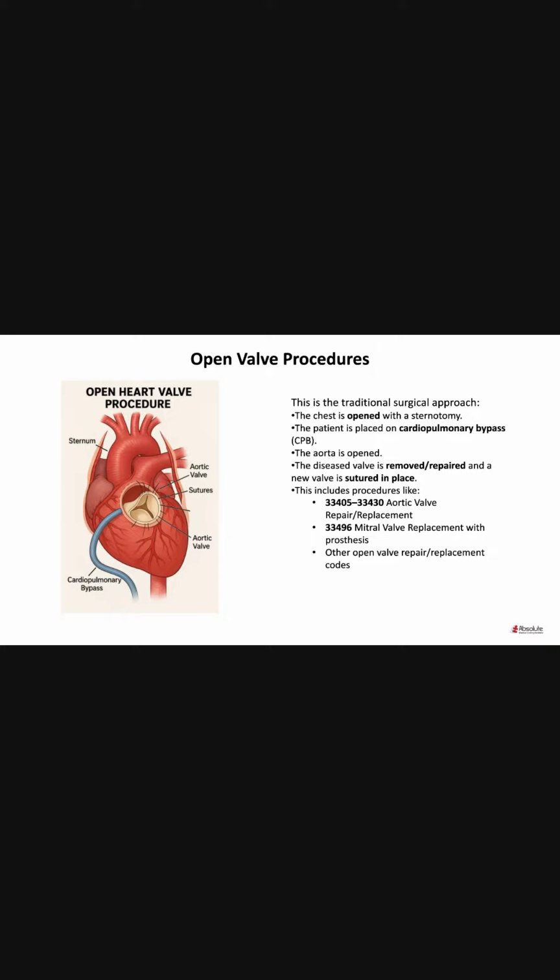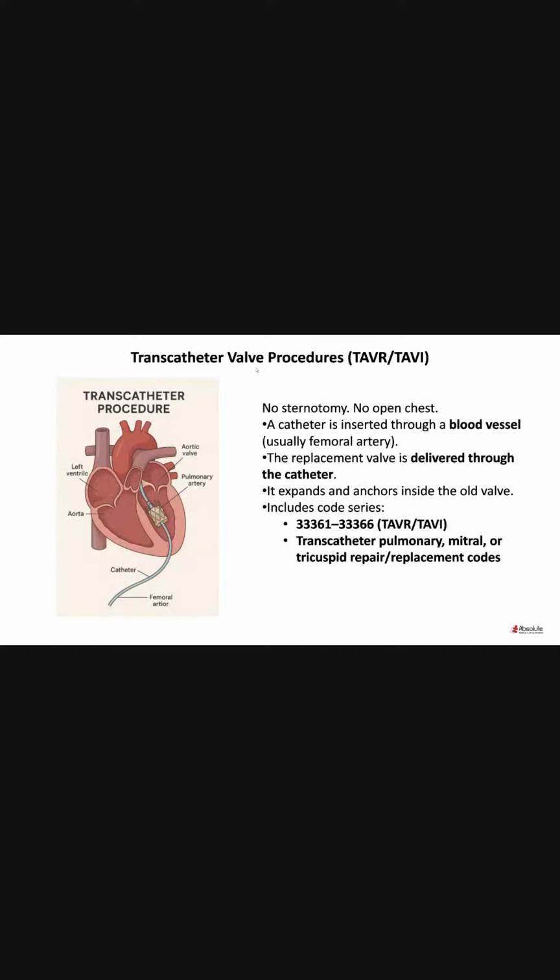It's really important that when you're looking at this documentation that you distinguish if it's an open procedure or transcatheter. Why? You're going to know in a moment. These open procedures are pretty much straightforward. It's these transcatheter valve procedures, the TAVR, TAVI, that require you to pay attention. We're going to talk about it in a moment.